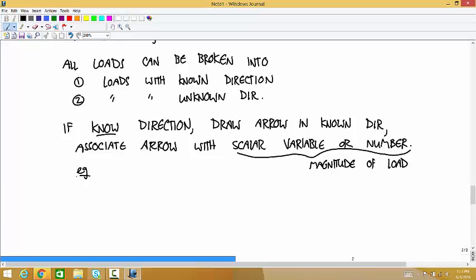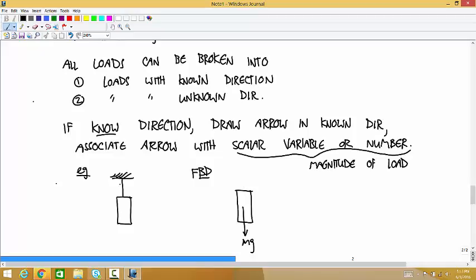For example, if you have a mass that's hanging from the ceiling, the free body diagram looks like this. Well, you have mg acting down.